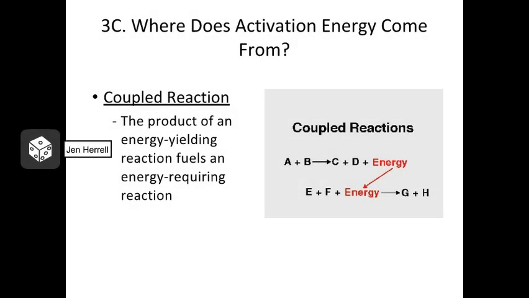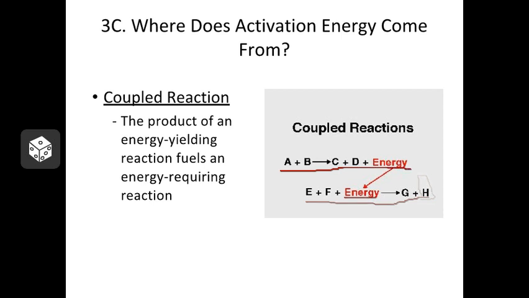Living cells will often put exergonic and endergonic reactions together to make the products that they need. Let's say, for instance, that we actually want to make this little product. We're calling it H. In order to make H, we have to perform this reaction, and that requires energy. Now, where can we get this energy? Well, maybe we can use this reaction to power it.